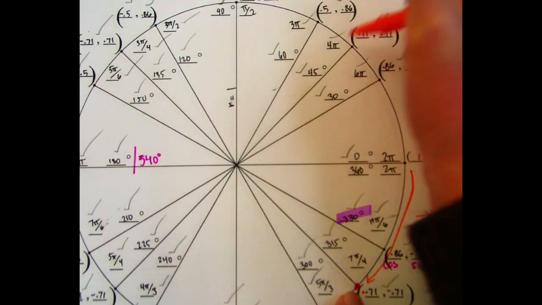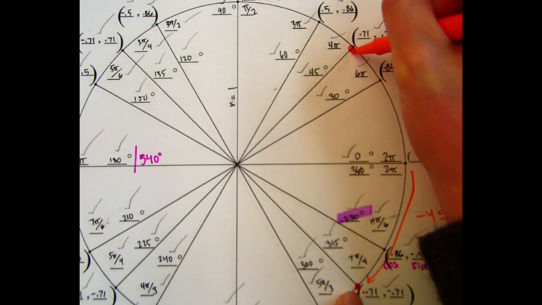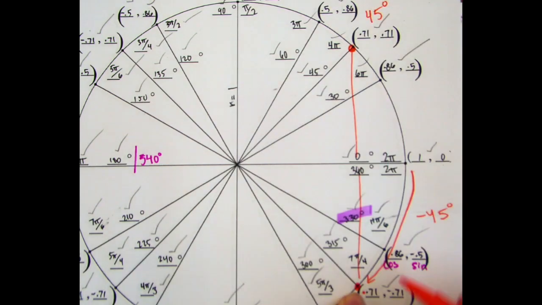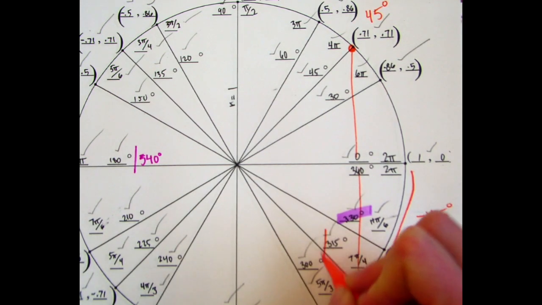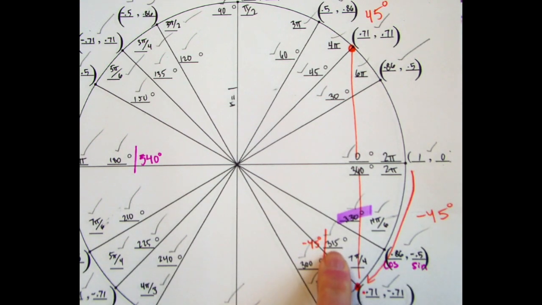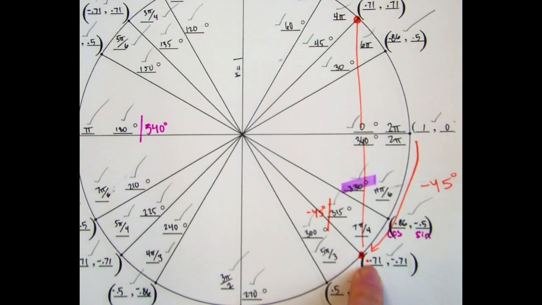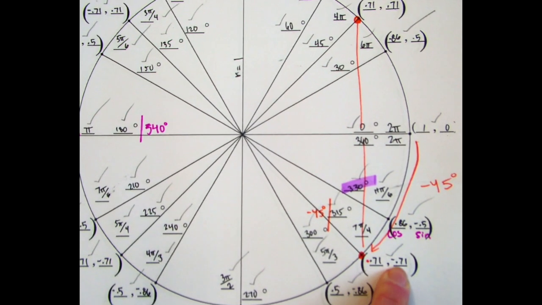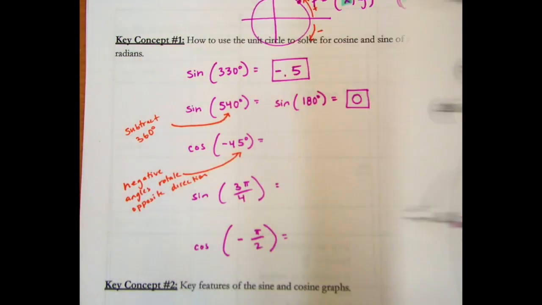So this is positive 45, this is negative 45, and negative 45 degrees is in the same place as positive 315. And the cosine value at that point is 0.71, the sine value is negative 0.71. So the cosine would be positive 0.71.